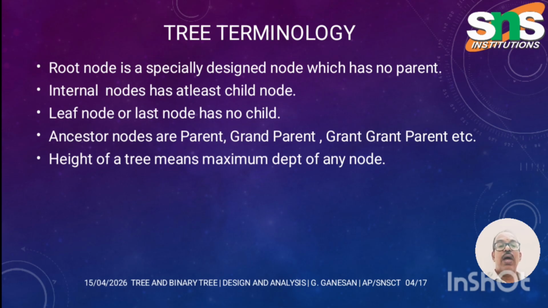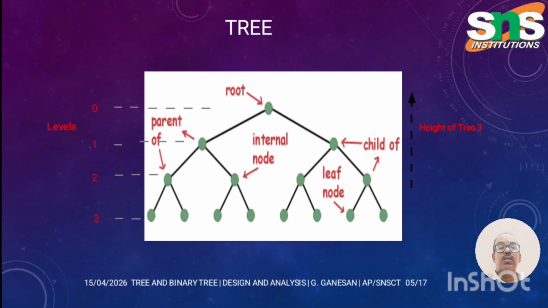The height of the binary tree means the maximum depth of any node from the top. So an example is given, the tree structure. At the top of the tree, one node is called as a root node.